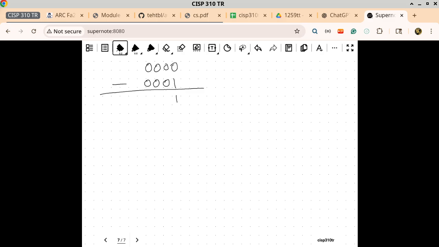So we got a 1, 0, 0, 0 here for the borrows, and then we have 1, 1, 1, and also a 1 over here. And then the final result is this. So this is the binary subtraction of 0, 0, 0, 0 minus 0, 0, 0, 1. But what we are really interested in is this is x, this is y, and this is d.